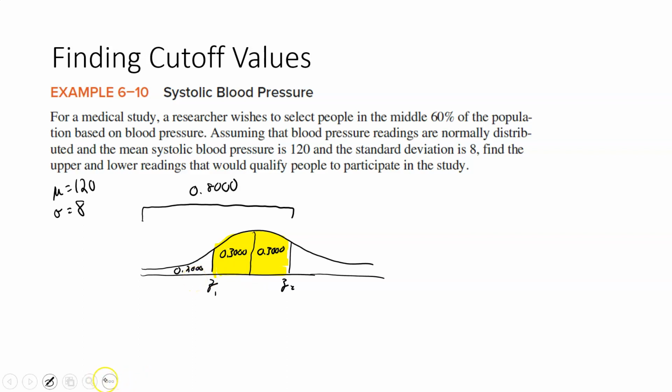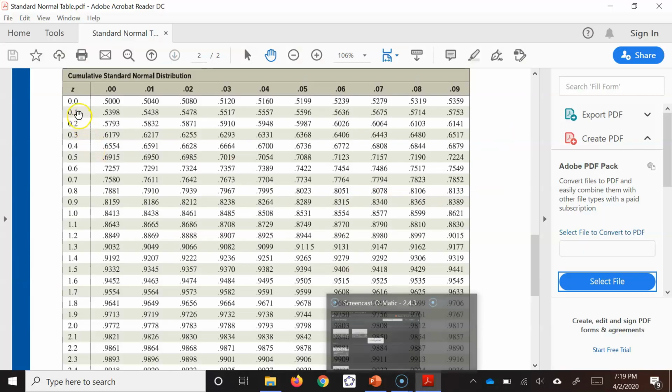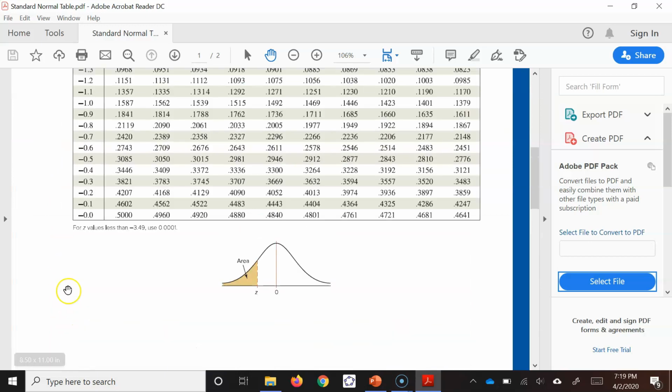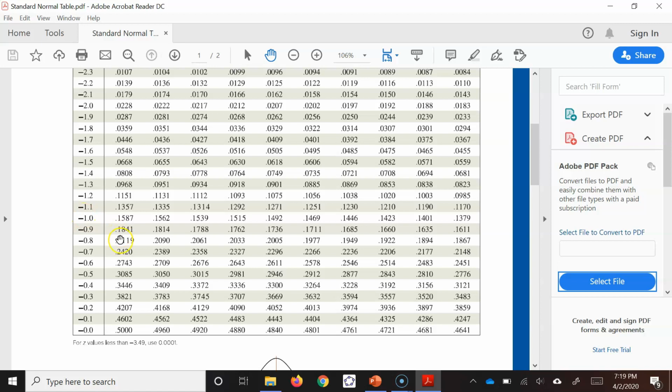So real quick, let's look up those values. 0.2000 first, that'll be a negative z-score. Let's see if we can find it. It's going to be between these two. Looks like 0.2005 is the closest, certainly closer than 0.1977.